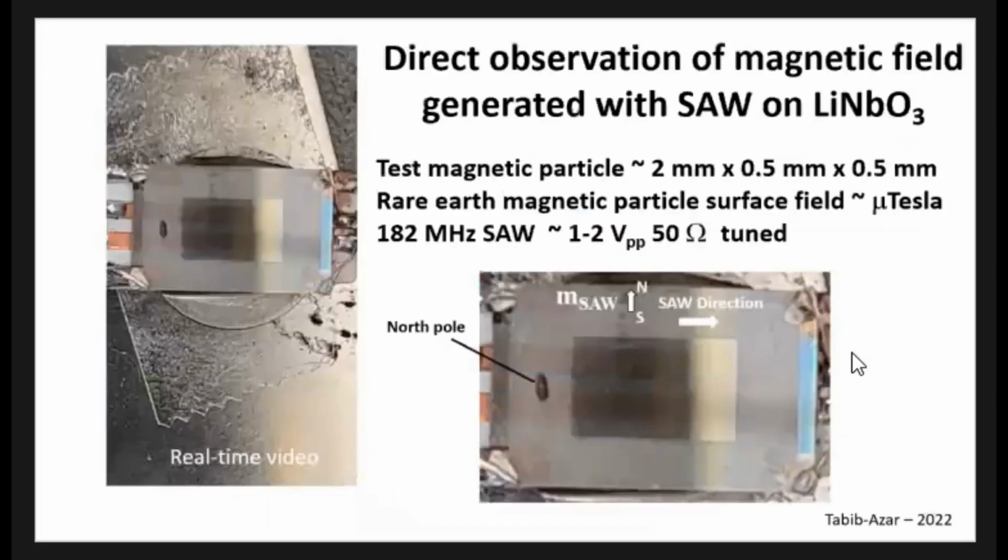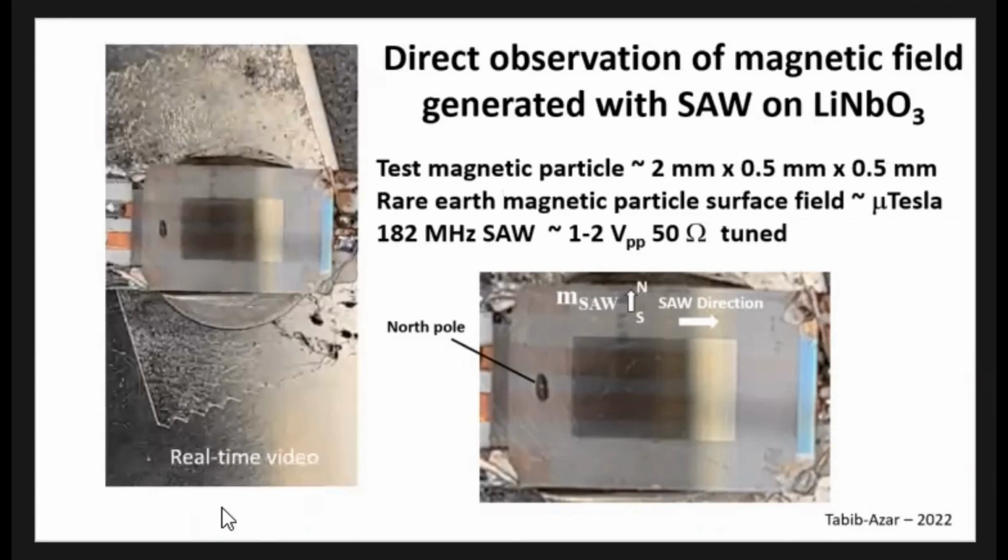The key thing that I wanted to mention, and it looks like I took more time than I should have explaining the background, is this. Recently, people have observed that with surface acoustic waves on non-magnetic materials, they generate their own magnetic field.